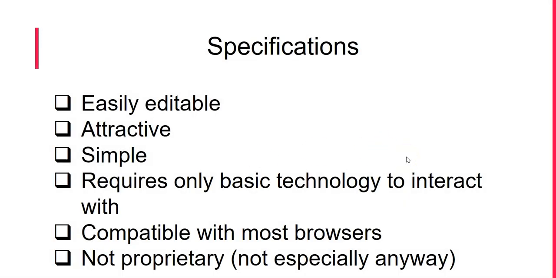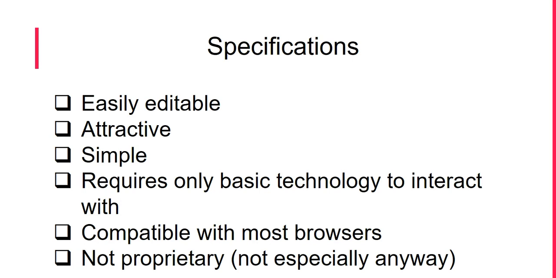Some specifications I wanted to stick to as closely as I could were to make it easily editable by the client, and attractive, more attractive than just, say, a couple of pictures listed on a page, which I feel like I at least pseudo accomplished. To keep it really simple, not a lot of things to click, not a lot of things to do, just basically a page to view some photos of an animal you may want to adopt.